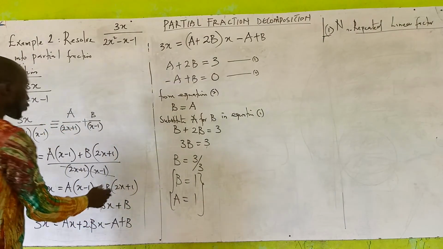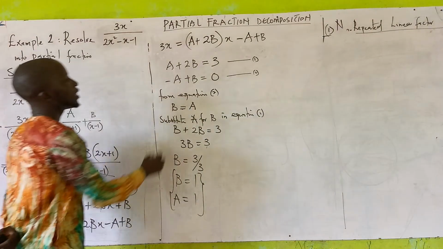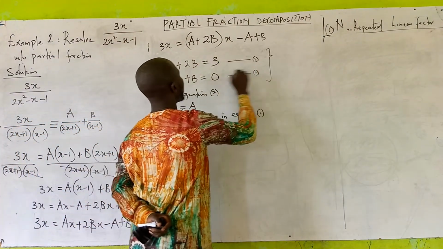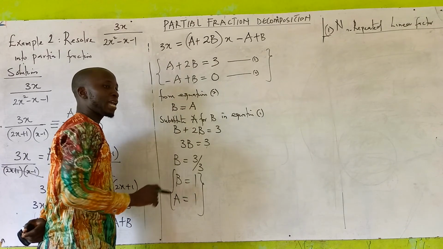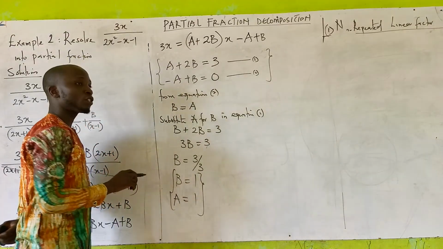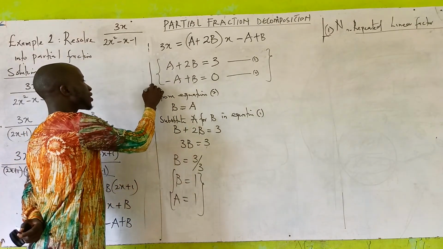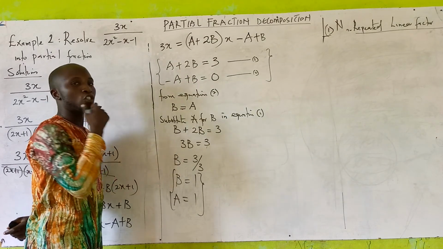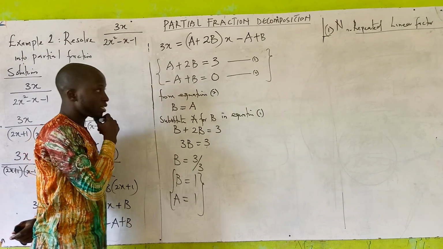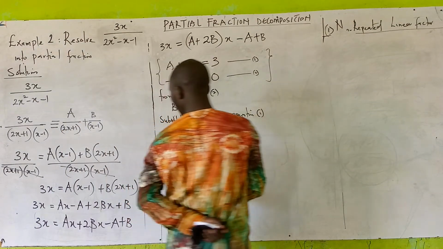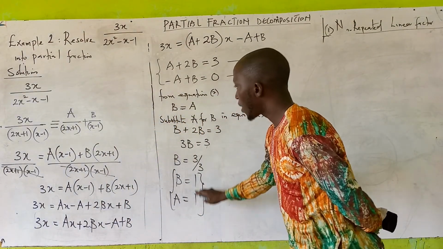This method of comparing the two equations together led us to this simultaneous equation. And using simultaneous equations, you can either use the elimination method or substitution method. So, in short, we already know our constants, a equals 1, b equals 1.